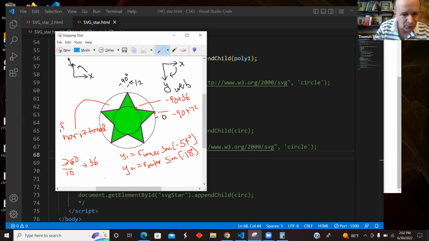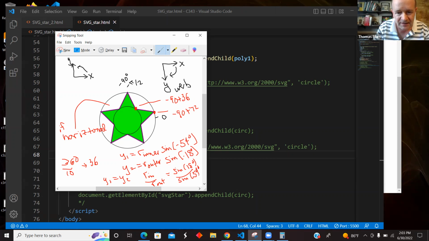And if I set them equal, y1 equal to y2, that would mean they had the same vertical, that the line was horizontal. And so if I solve this, I would get the ratio of our inner to our outer radius is sine of 18 over sine of 54.